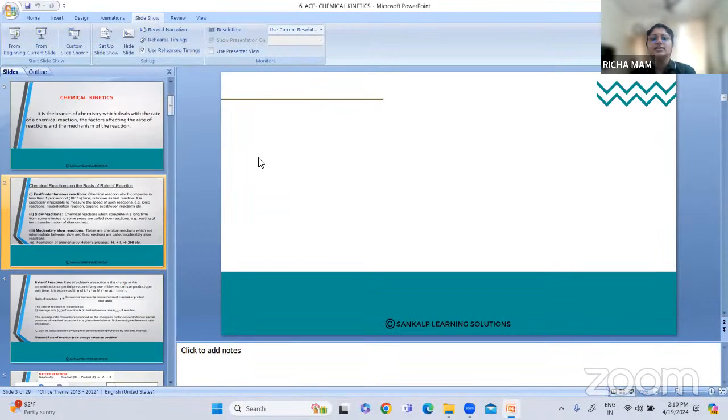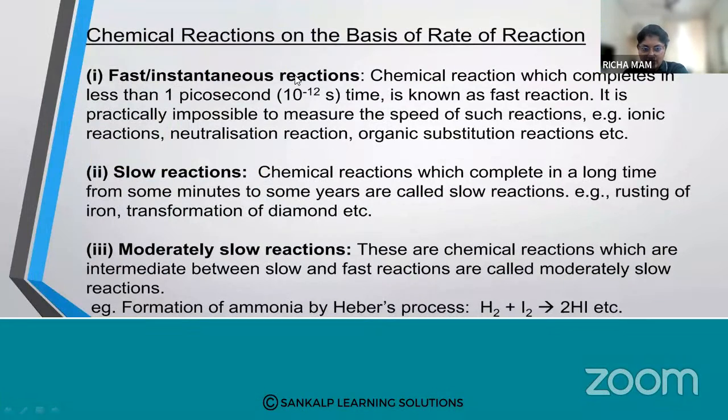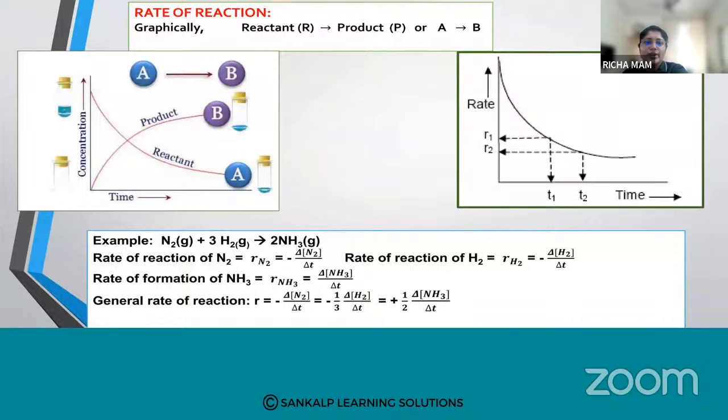We have seen the chemical reactions and the three different types. Then we have seen what is rate of the reaction. The rate of reaction is classified into two: average rate and instantaneous rate. We have seen what is average rate.